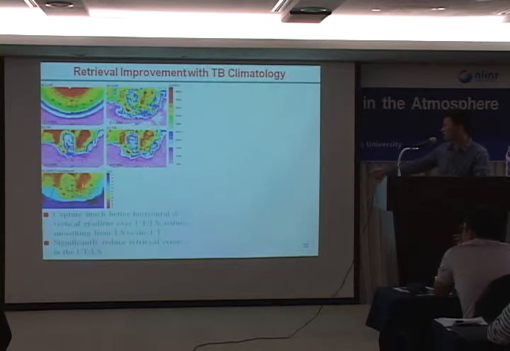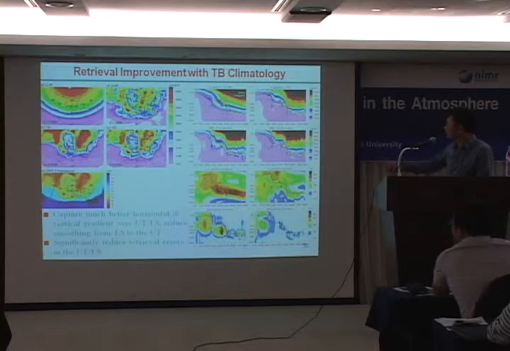It's derived by combining the tropopause information from the global forecast model with the climatology, and then we can derive this kind of a priori information. So this is the retrieval using this climatology, and this is using this climatology. We can see that using the new climatology captures the horizontal gradient much better in the UTLS region.